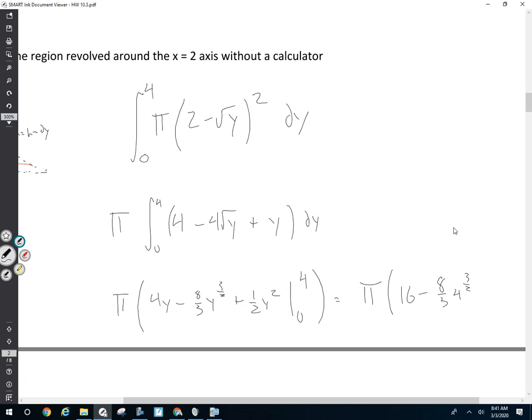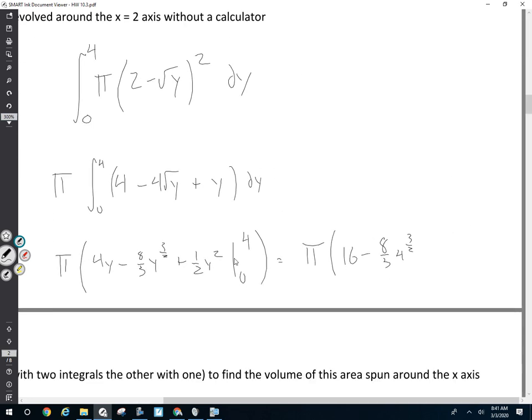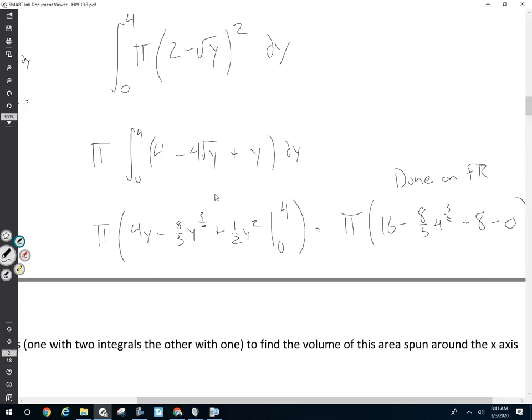I could figure out what that is. It's going to be 64/3 plus 16 divided by 2, and then minus 0. Leave it like this. We are done on the free response. You don't have to simplify things. As long as you have an unsimplified numerical answer, it's totally fine.